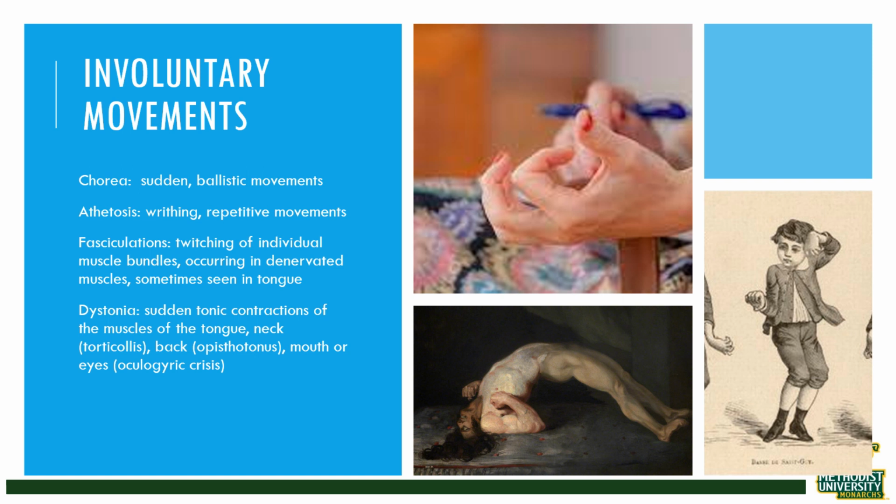Dystonias are a number of different involuntary movements that are tonic, sudden contractions of the muscles of the neck, which is torticollis, of the tongue, of the back. And this illustration here is an illustration of a tonic contraction of the back and neck extensors called opisthotonus. And sometimes people have abnormal movements of their mouth and eyes.